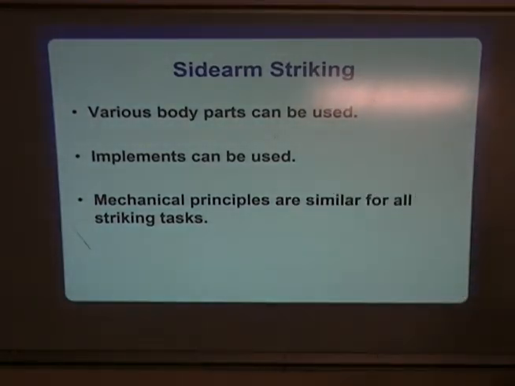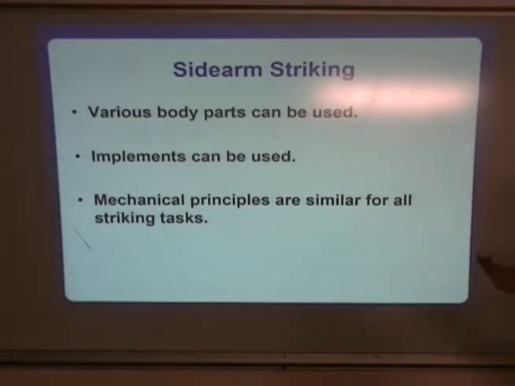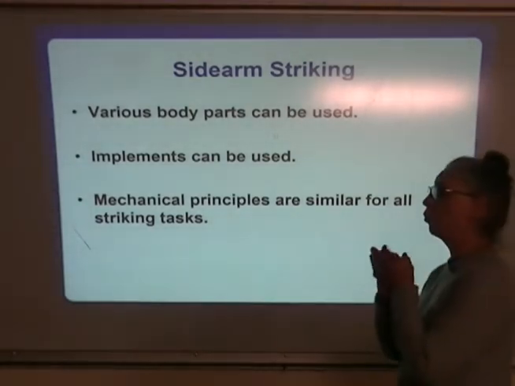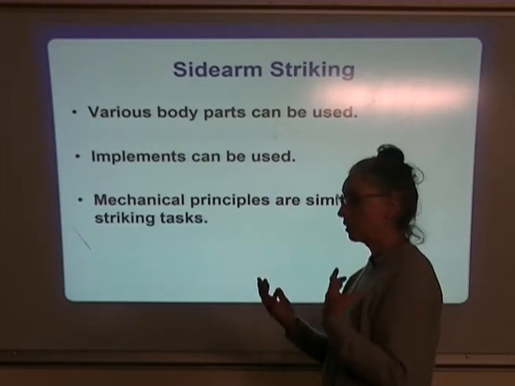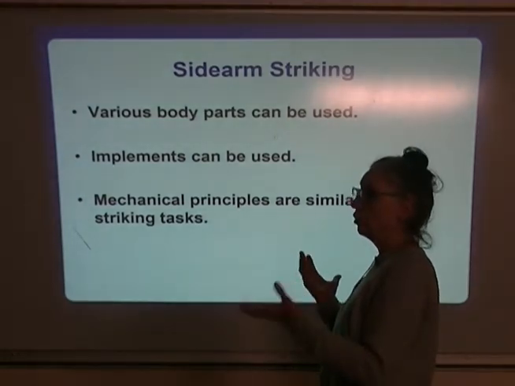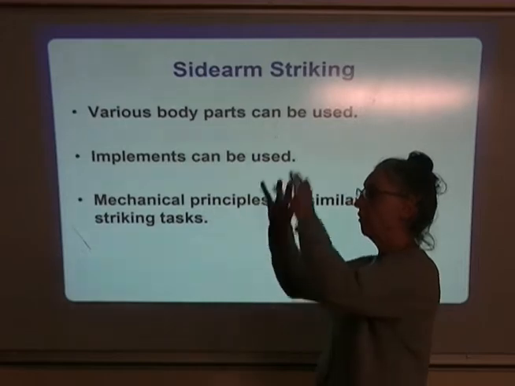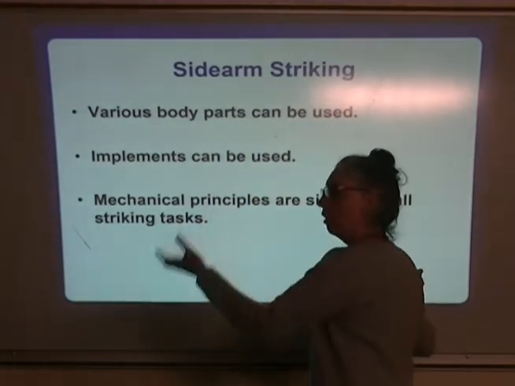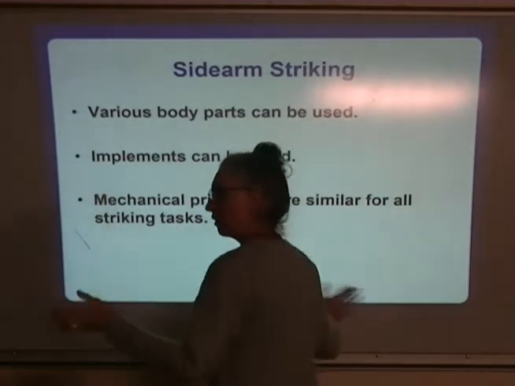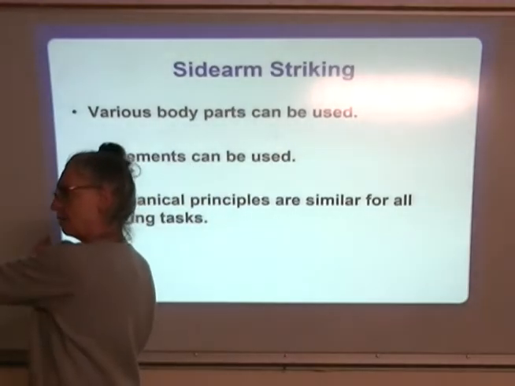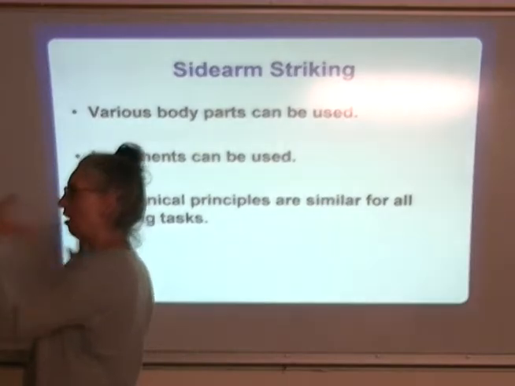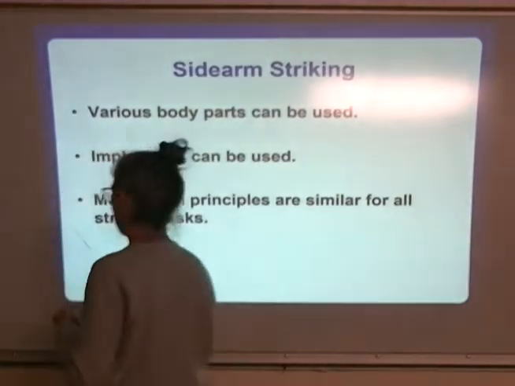We can use an implement, or we can use our hands. So often if you're working with someone who's struggling with this skill, you can use a balloon or a very soft light ball and work on that with a hand strike before you add an implement, so that their eye-hand coordination maybe improves.